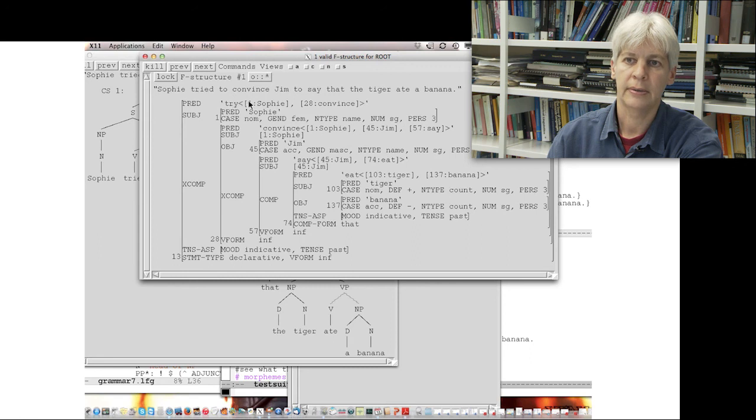Sophie's subject has an XCOMP, which is convince. Convince takes a subject and an object and an XCOMP with say in it. Say takes a subject and a COMP, and the COMP is that the tiger ate a banana. So Sophie tried to convince Jim to say that the tiger ate a banana, all in here.